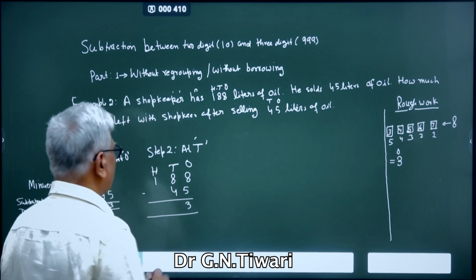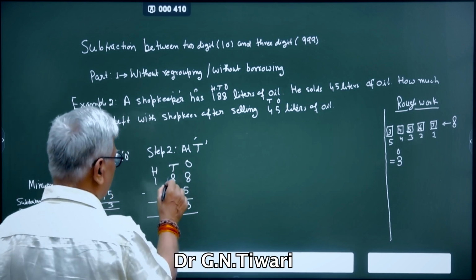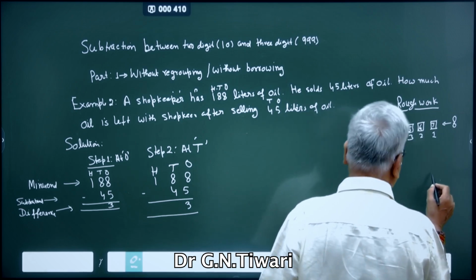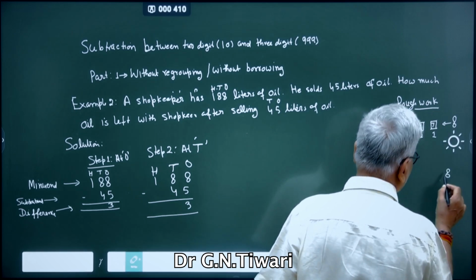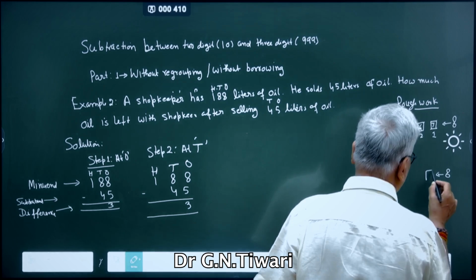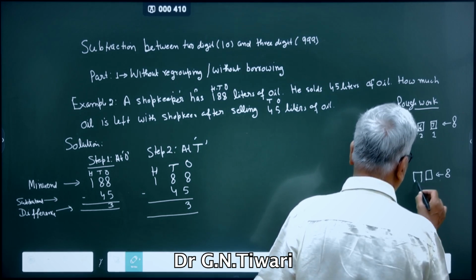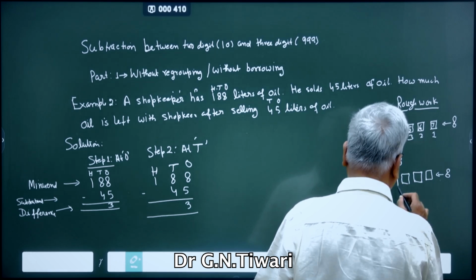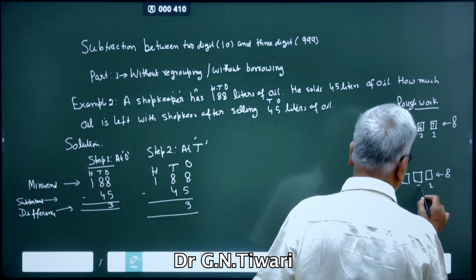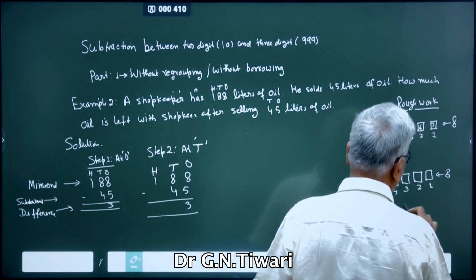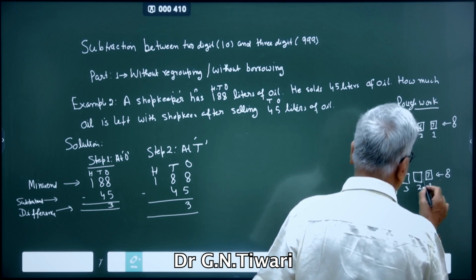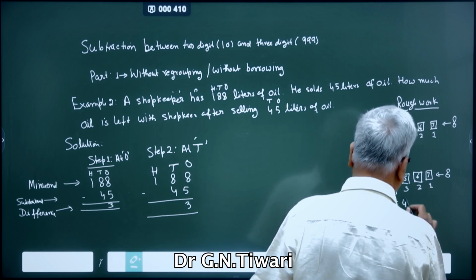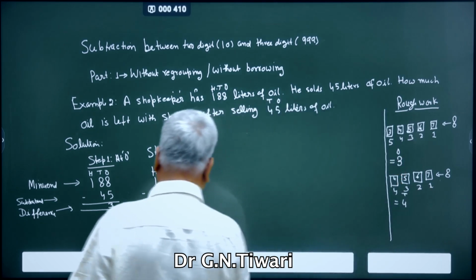Then similarly make a difference of 4 and 8. So here you can also do this. This is 8. 1, 2, 3, 4. 1, 2, 3, 4. So here 7, 6, 5, 4. So the result is 4 at T. So write here 4.